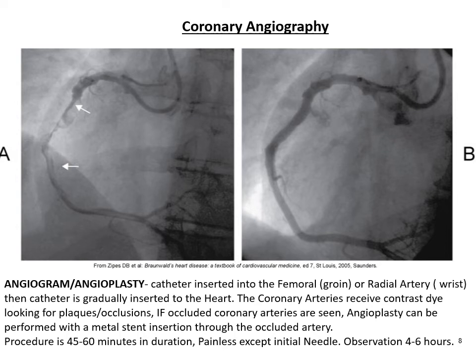The wrist artery is becoming much more popular because it's very easy to compress after the procedure, and it's a much cleaner area than the groin. The groin is a difficult area; if there was a lot of bleeding, it's harder to compress there. The procedural time of a coronary angiogram is typically about 45 minutes to an hour.